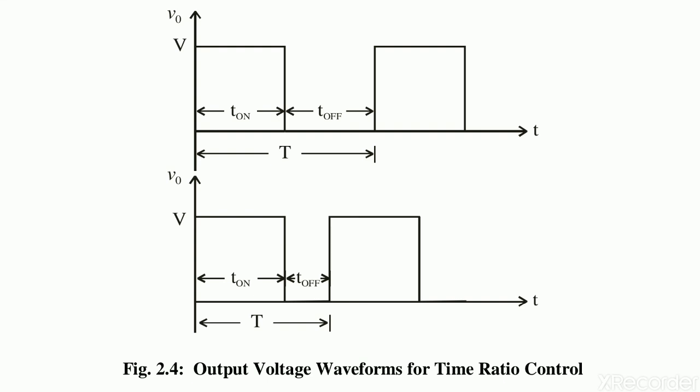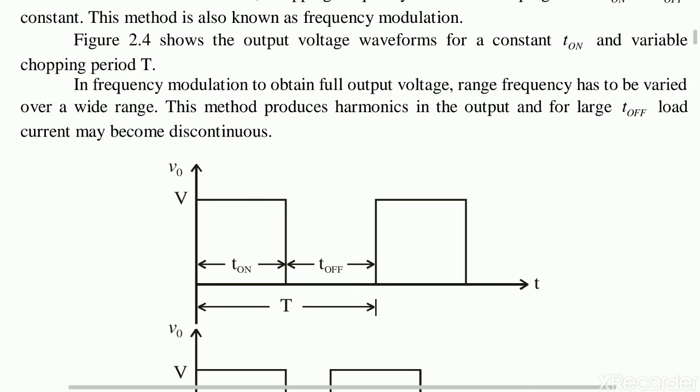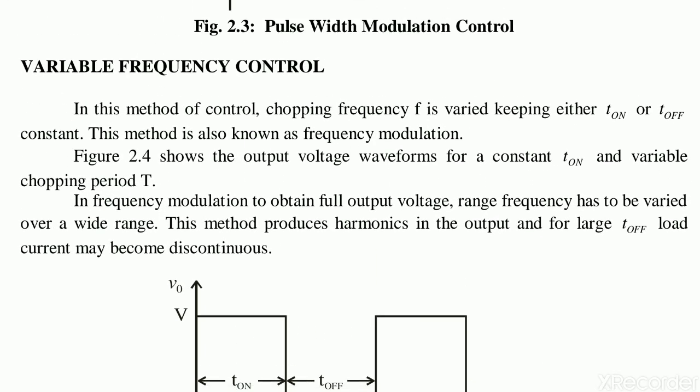But in the case of the second waveform, the T on is again constant and T off is varied. We get output voltage only for the T on period, but there will be no output voltage for T off. So this is the principle behind this control technique, that is variable frequency control technique.